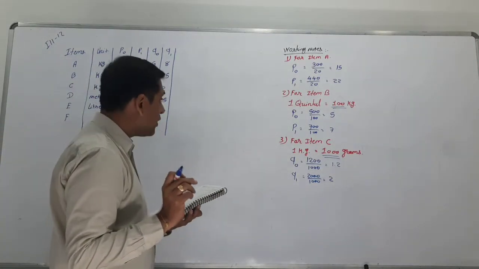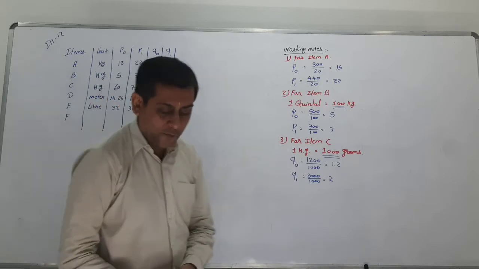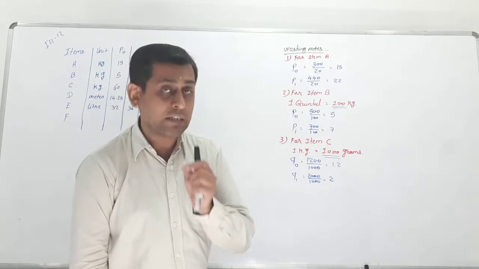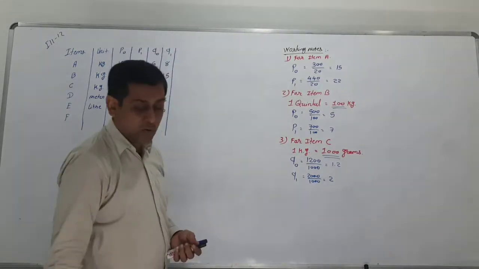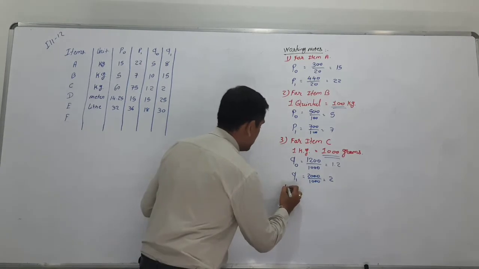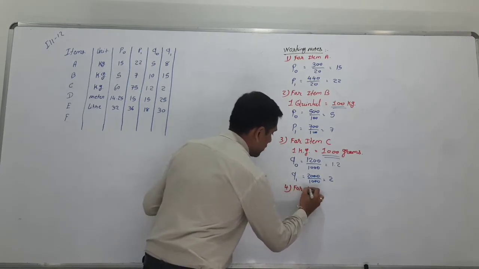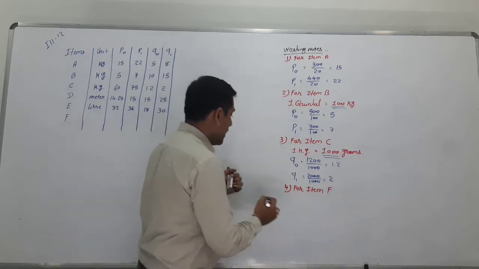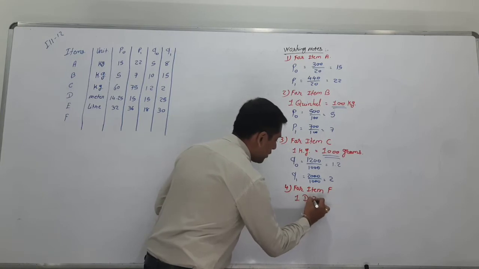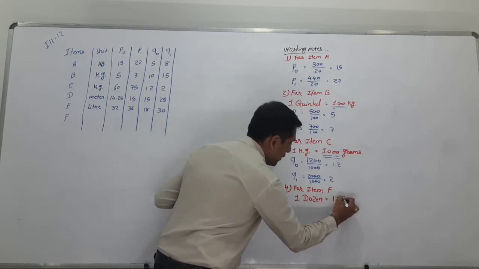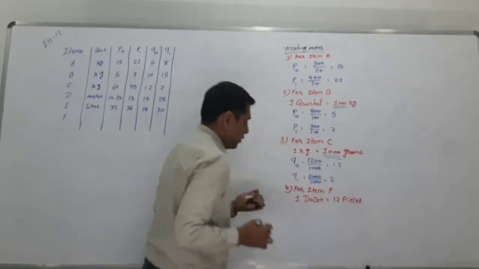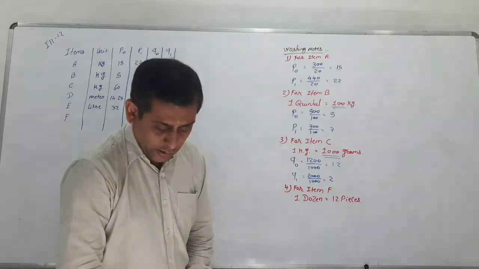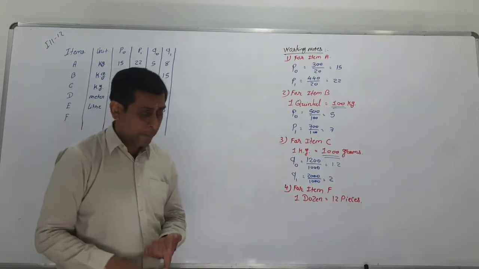Next one, dozen. See, in item F, dozen is given, and in the quantity column pieces is given. So again we have to convert. 1 dozen is equal to 12 pieces. You all know that. 1 dozen is equal to 12 pieces. Now see what we have to convert, price or quantity.